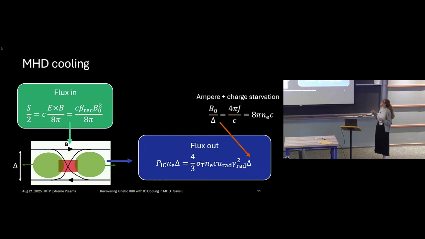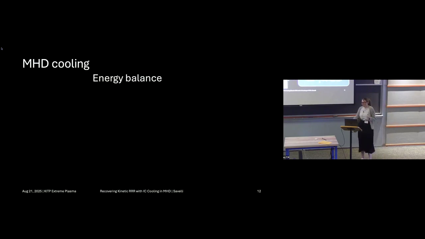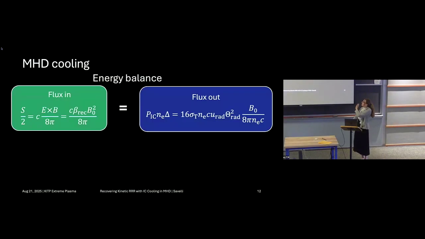And then the other thing we need to get rid of is this gamma_rad, because this is MHD. So we just use gamma squared equals 12 theta squared, which you just get from averaging over the Maxwell-Jüttner distribution. This is a lot of math, but if I balance those two fluxes, you're left with an equation that looks like this.